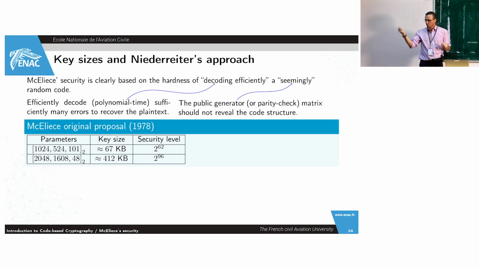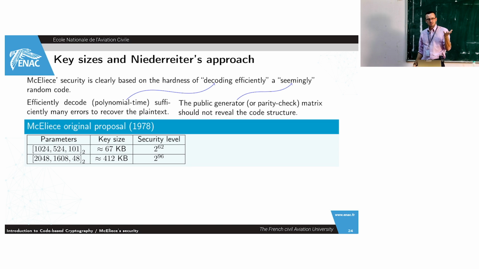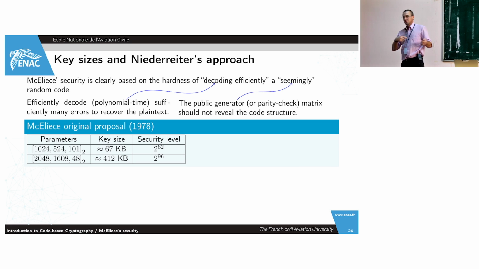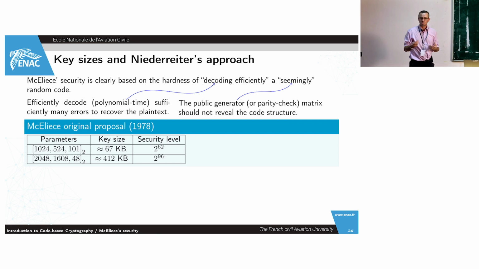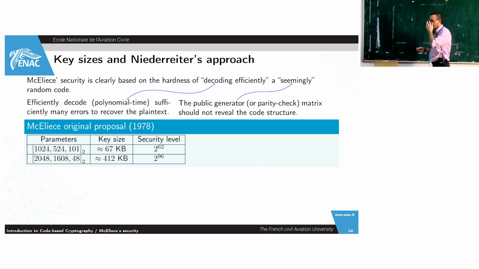If a word is a code word, then its syndrome by the parity check matrix is 0. And I said earlier that the parity check matrix is the generator of the dual code, right? But it turns out that you can use a dual version of McEliece using this parity check matrix.